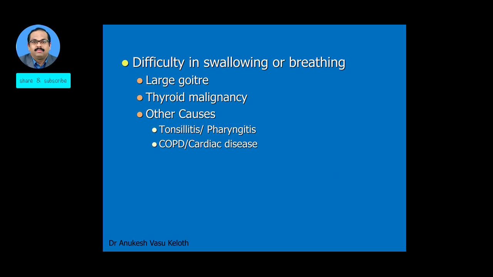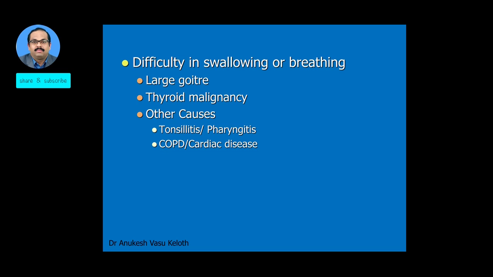Now, difficulty in swallowing or breathing. As far as thyroid disease is concerned, it can be due to a large goiter, and it also could be due to thyroid malignancy, where the malignancy infiltrates or presses onto the recurrent nerve or the esophagus.